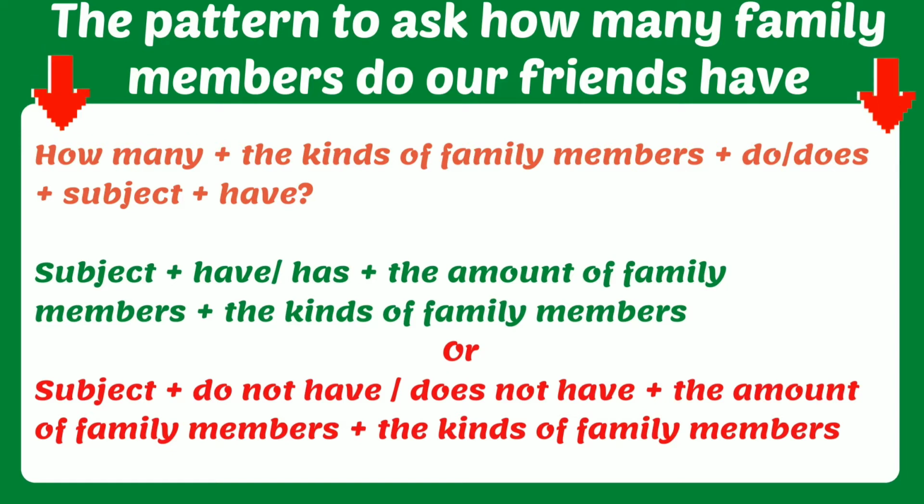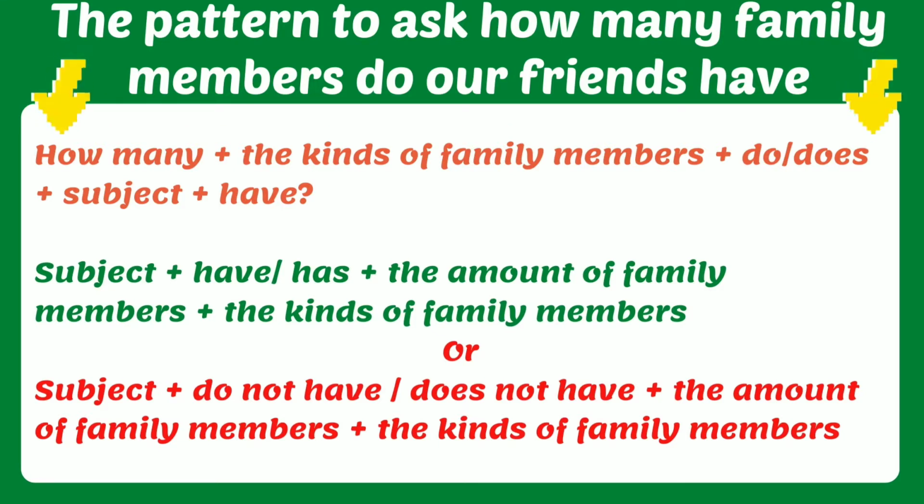And then if we want to tell about how many family members we have, we can use subject plus have or has plus the amount of family members plus the kinds of family members. Or we can use subject plus do not have or does not have plus the amount of family members plus the kinds of family members.